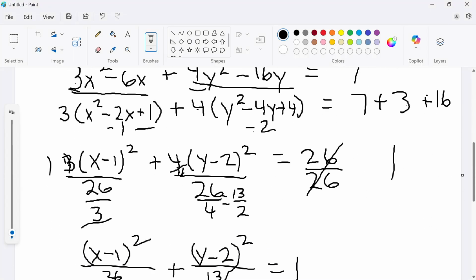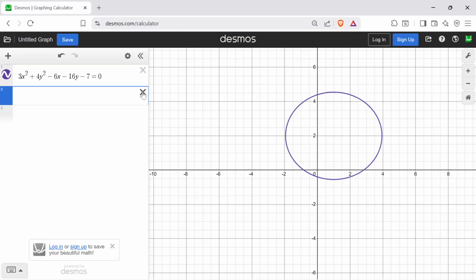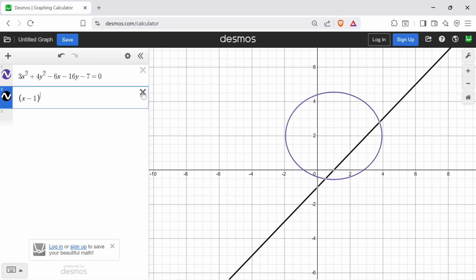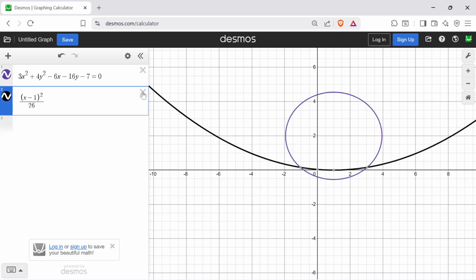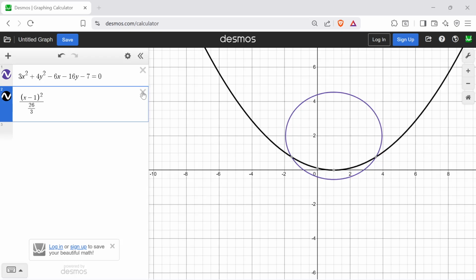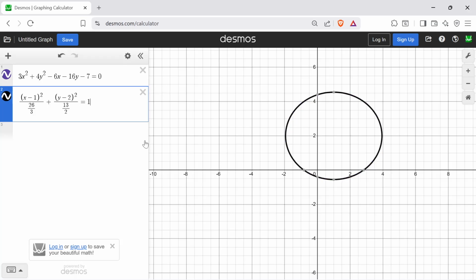And now I will look at the equation I came up with, x minus 1 squared divided by 26 thirds plus y minus 2 squared divided by 13 halves. And this better come out right. Equals 1. Same ellipse. So notice, complete the square.